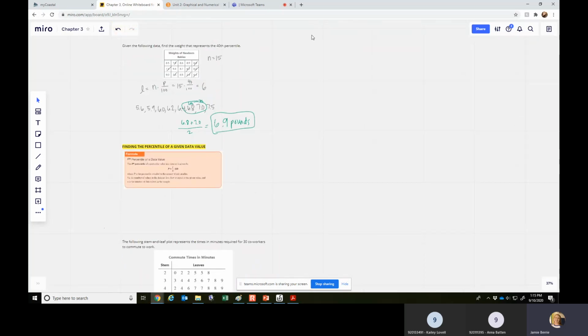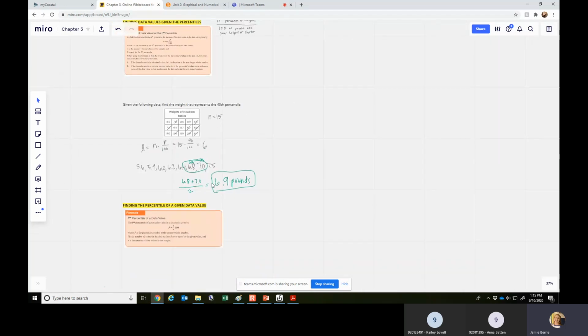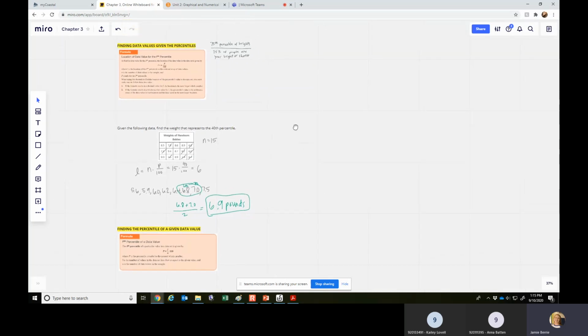Or you can do sort of the opposite of that, which is to find the data value that corresponds to a particular percentile. All right, so these two formulas are on your formula sheet, but you may want to write something down on your index card to help you remember when to use which formula.